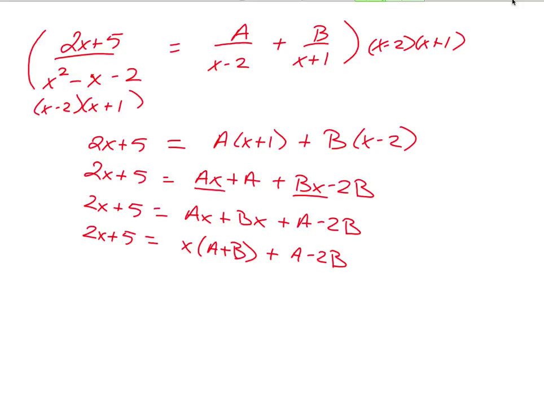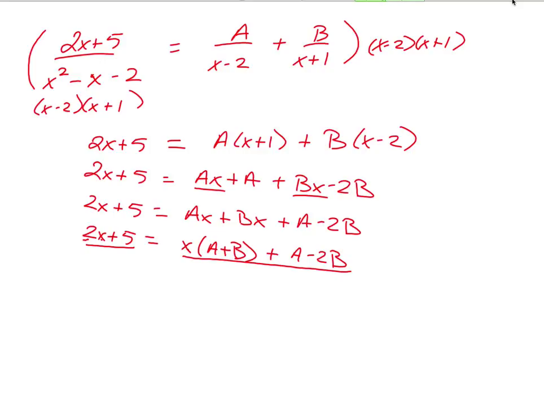Alright, so here's where you're going to have to work to understand what's going on here. I have this thing right here is equal to that. I have an x here that has a 2 in front of it. I have an x here that has A + B in front of it. What can I do with those two things?